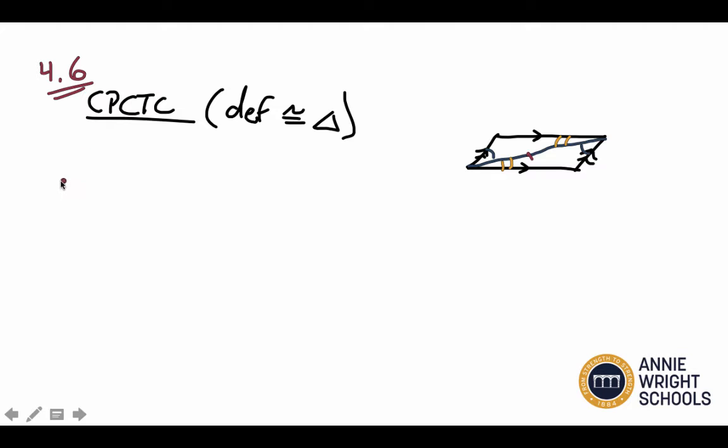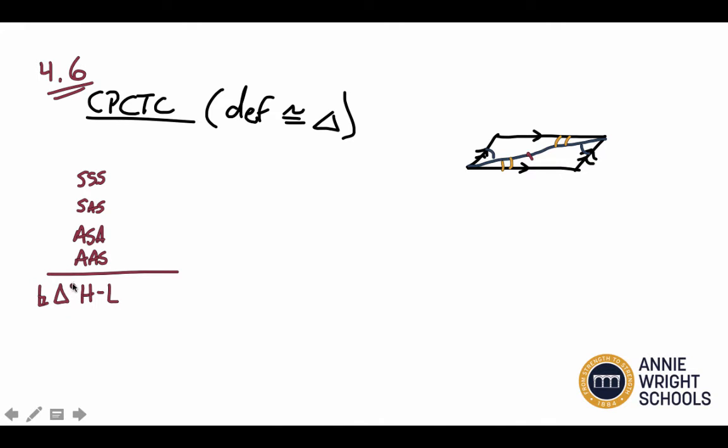Don't forget, the ways that you can get triangles congruent are SSS, SAS, ASA, and AAS. You can say all those backwards, and the only one that looks different is this last one. It looks like SAA, but that's totally fine. And then in some cases, you can use hypotenuse leg, and that's when you have a right triangle.